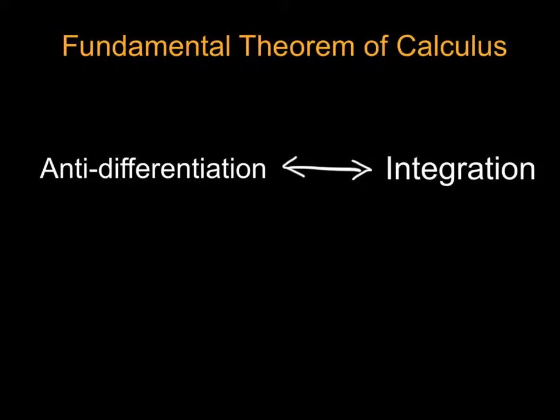Now, we can think of this analogously to, for instance, multiplication and division. You're probably so comfortable and familiar with multiplication and division that it seems very clear that those are inverse operations of one another. And in fact, you can just define division as the inverse operation of multiplication. But you don't have to define it that way. You don't have to define it in a way where it's just obviously the inverse of multiplication.